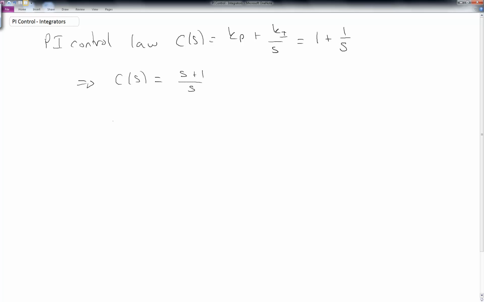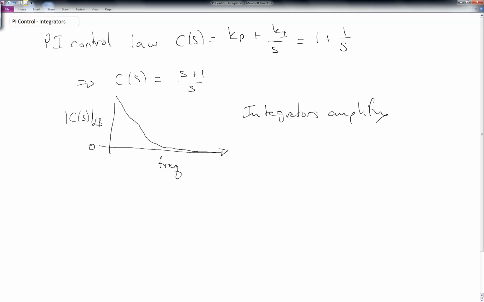If we take the magnitude of C(s) and plot that in dB versus frequency, we get an opposite response to the derivative. It starts out at low frequencies with very high gain, comes down, and at some frequency tends to come back towards 0. So integrators amplify low frequency signals.